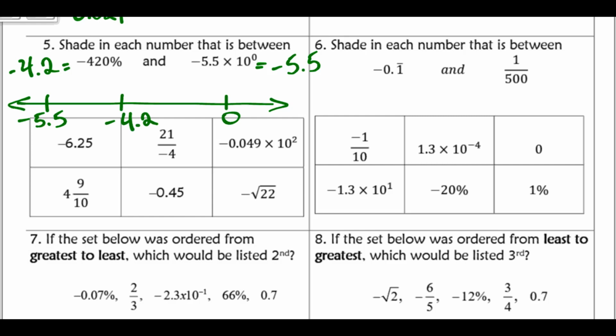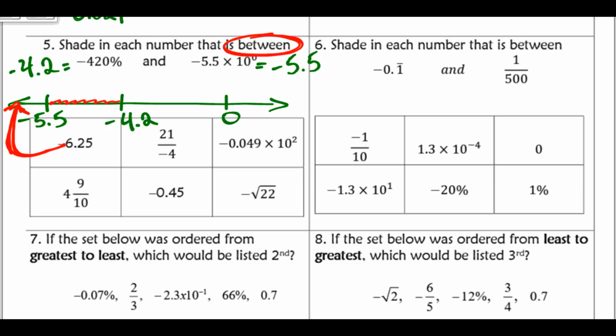That is a bigger negative than negative 5.5. That would end up somewhere over here. That's going to end up to the left, which is not what I want. I'm looking for something that's in between. Something in between those two on the number line. So that does not work.